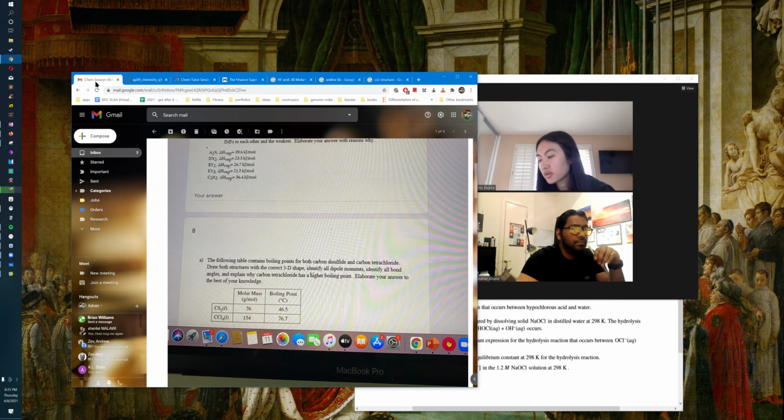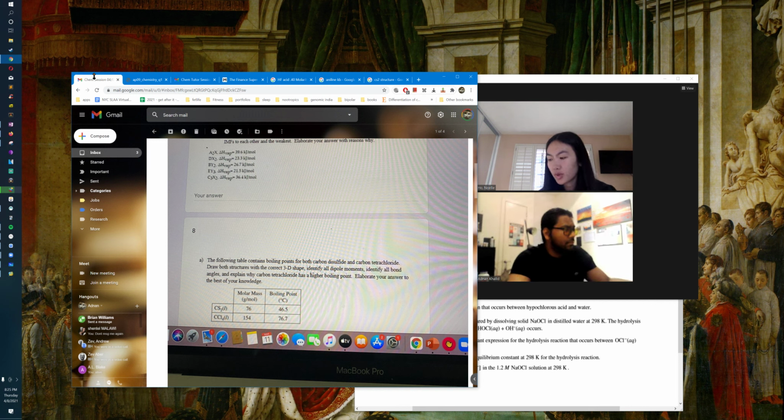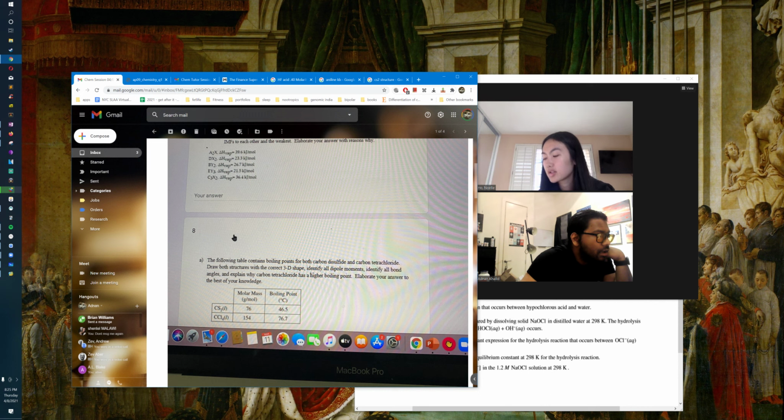Although both molecules are nonpolar, CCl4 has a higher boiling point because it has stronger LDFs present between the molecules than, stronger what? Stronger London dispersion forces present between the molecules than CS2, and this is caused by CCl4's greater amount of electrons, which increase the magnitude of the London dispersion forces.